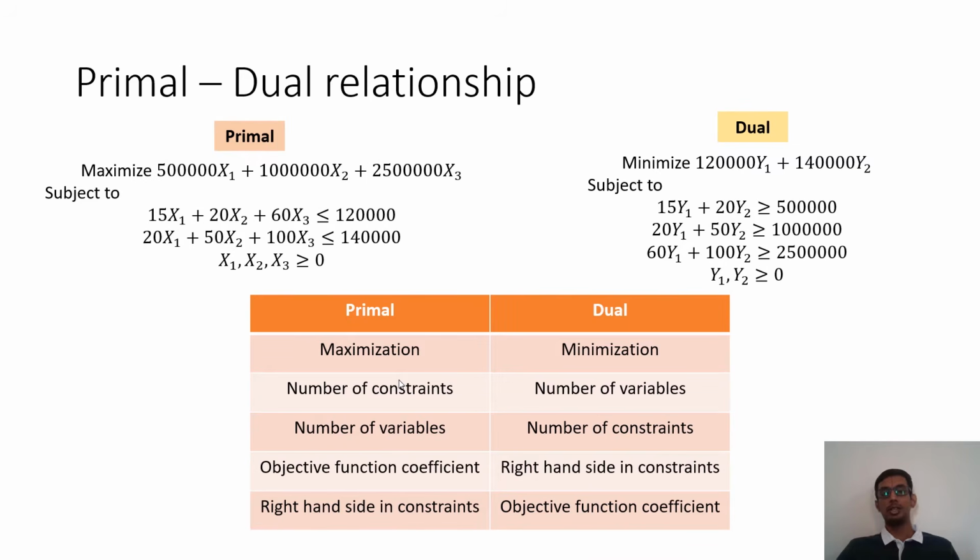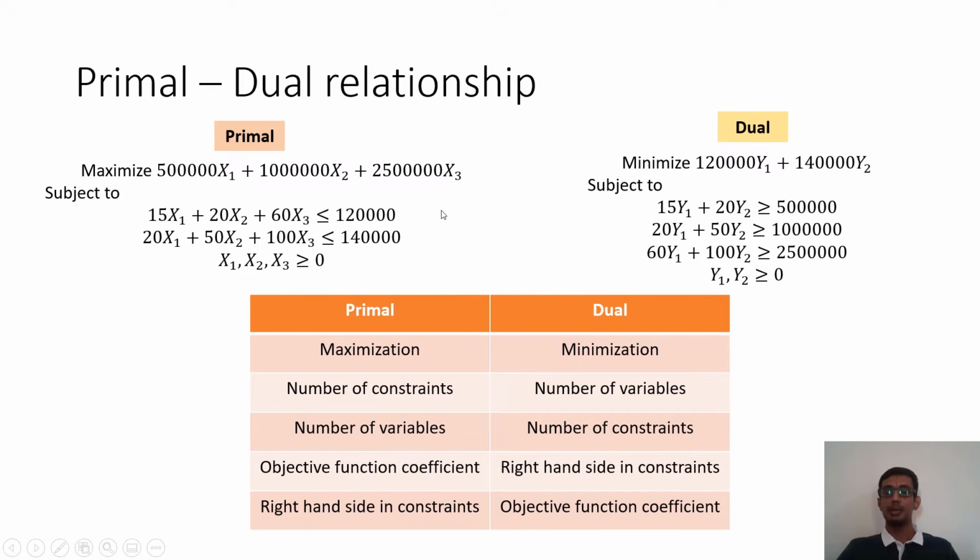If you had observed closely, there actually existed an interesting relationship between the primal and the dual. If the primal is going to be maximization, you can observe that the dual is a minimization problem, right? And the number of constraints in the primal is the number of decision variables in the dual. And the number of decision variables in the primal is going to be number of constraints in the dual.